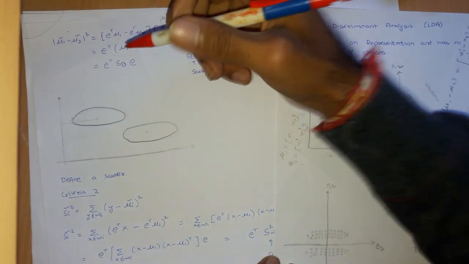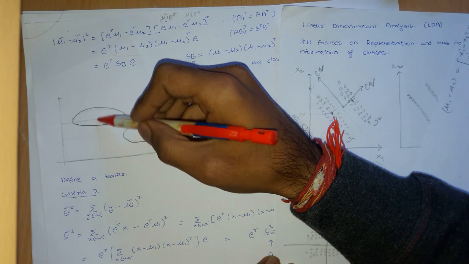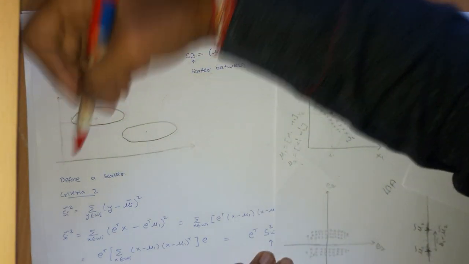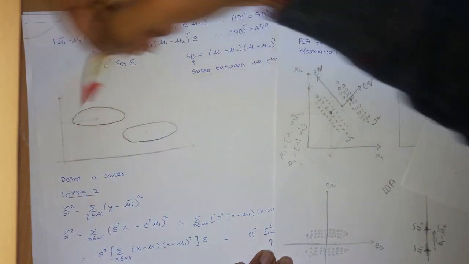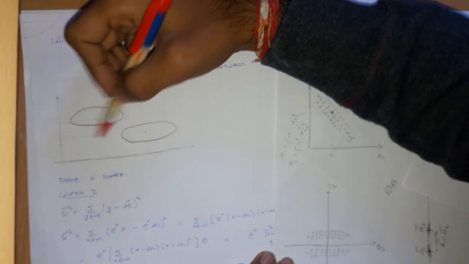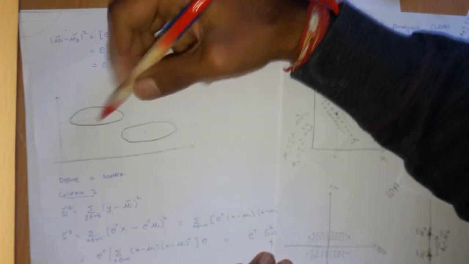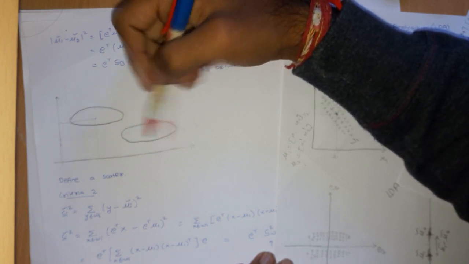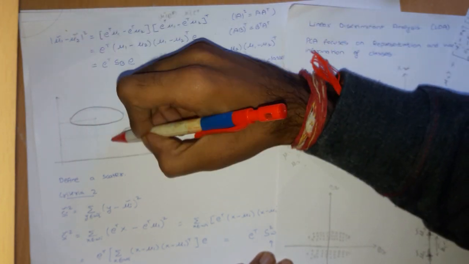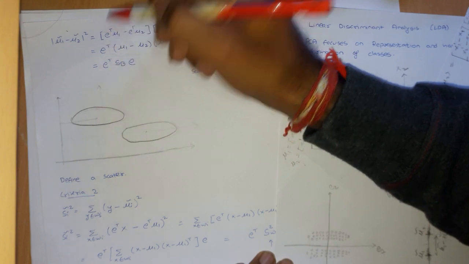If we consider an axis like this, we get an eigenvector in this direction, which is parallel to this, because this is some sort of uncorrelated data, and you will get another in this direction, right?